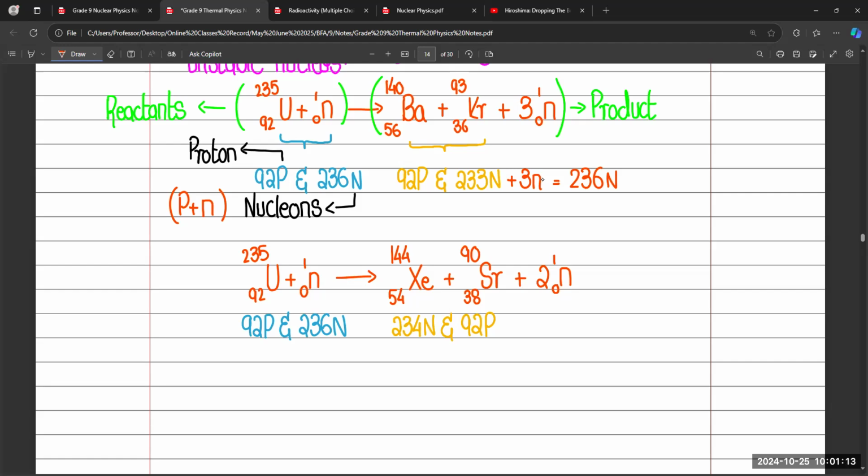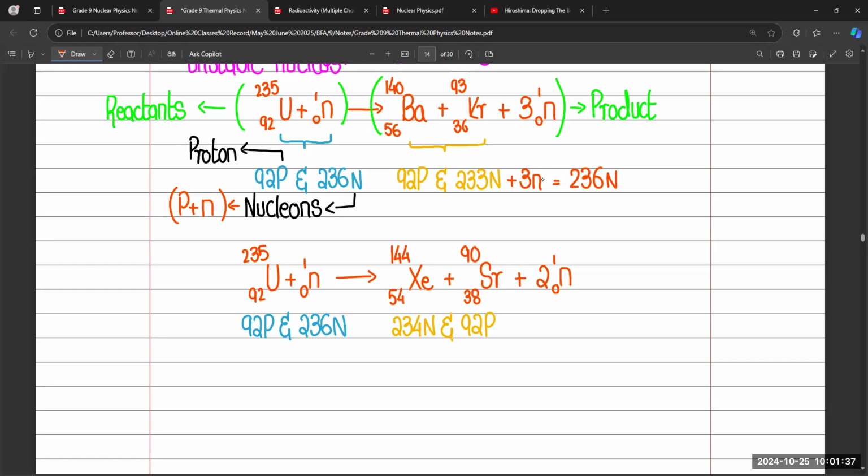Yes, basically in uranium we have 235 nucleons, right? And we studied that nucleons consist of proton plus neutron, right? So if we are adding an additional proton or an additional neutron, that will increase your number of nucleons, which is also called the mass number.